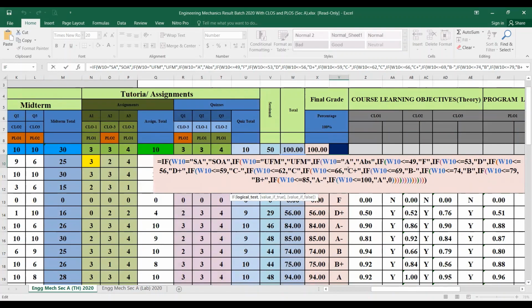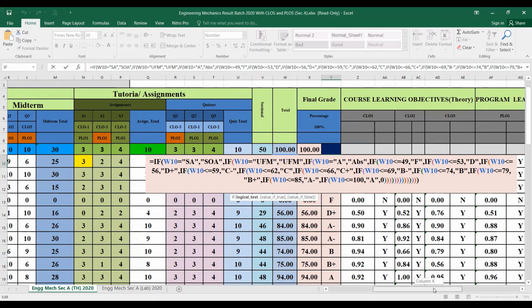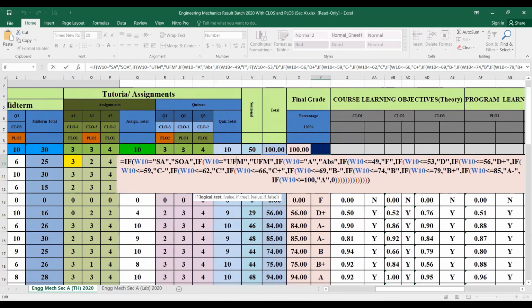For W10 equals A, absent, it will be marked absent. If W10 is less than or equal to 49, it means it is fail because it is less than 50% marks. If W10 is less than or equal to 53, the grade will be D. If W10 is less than or equal to 56, the grade will be D plus.